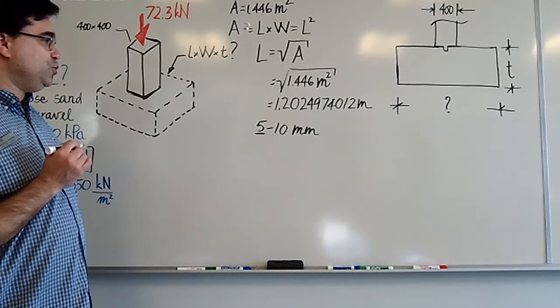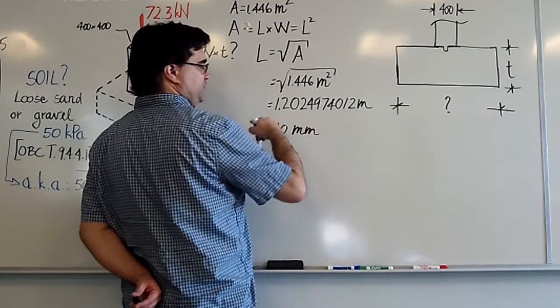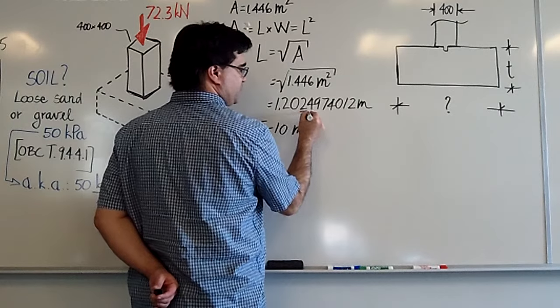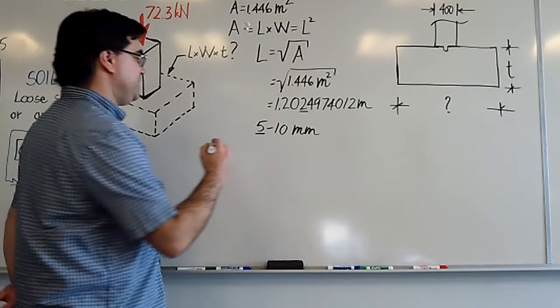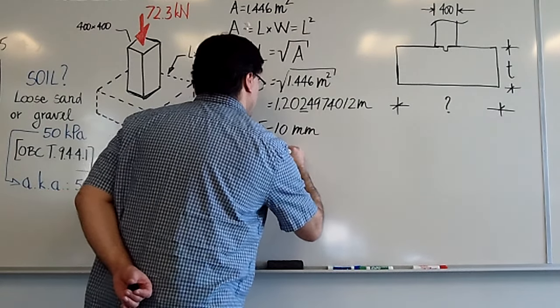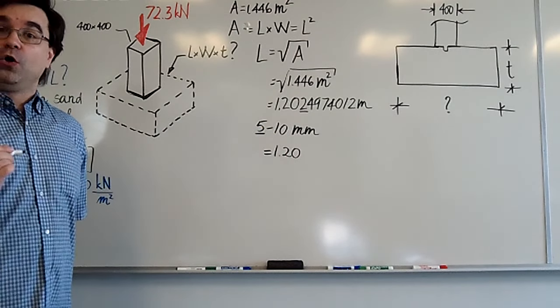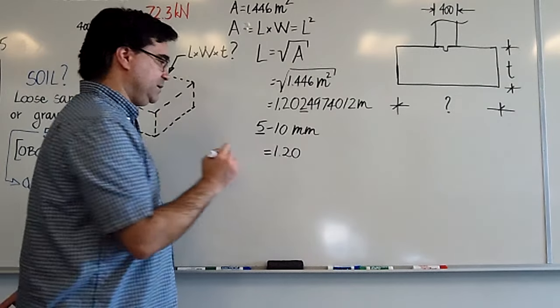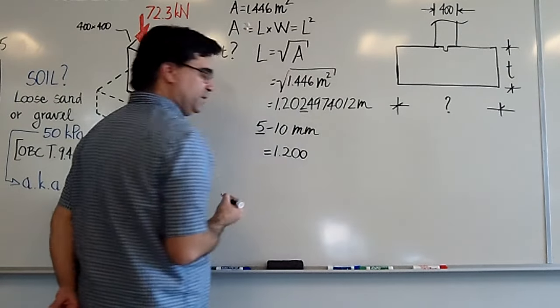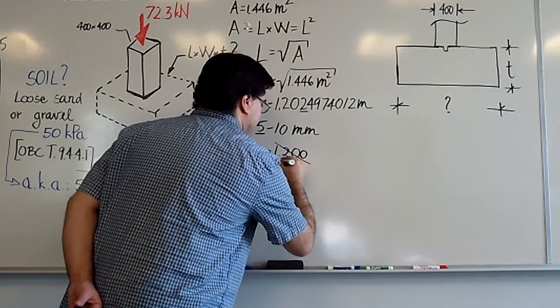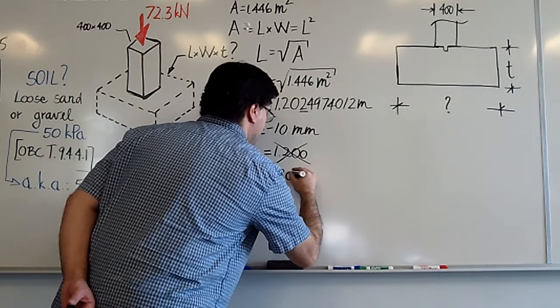Okay? And what you do then is you find where millimeters are. If this is meter, millimeters is right there. So then you rewrite that answer to the closest 5 millimeters, and you always go up, right? You don't go down, you always go up.